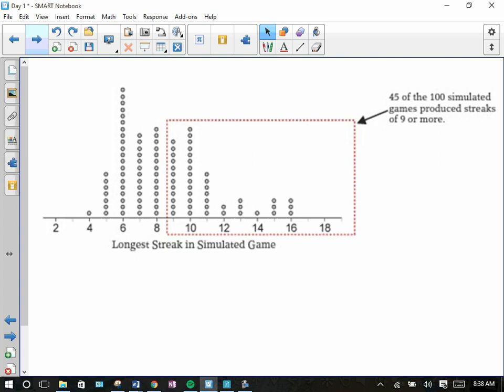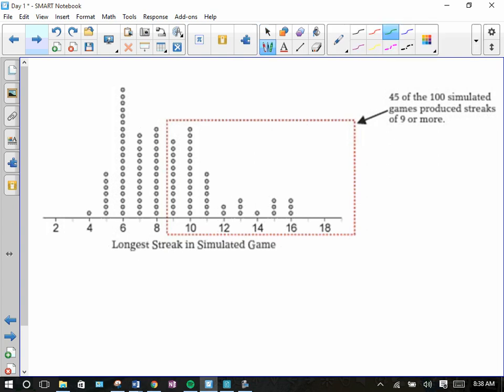I already counted: there are 45 dots at 9 or higher. So what that means is, in 100 simulations, there were 45 games where Tony Romo had a streak of 9 or higher.